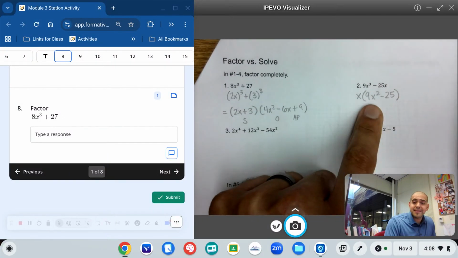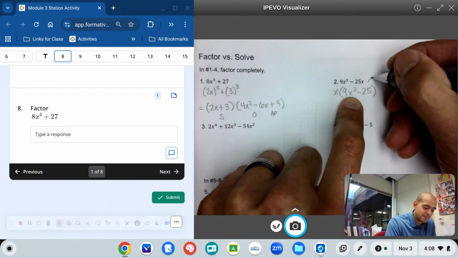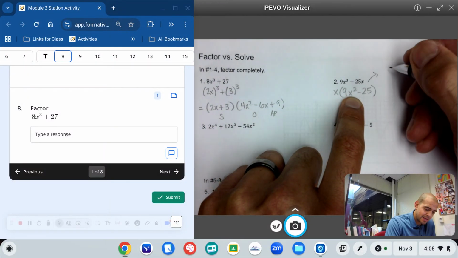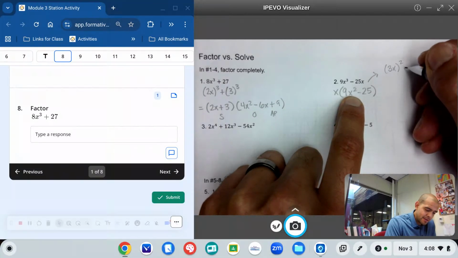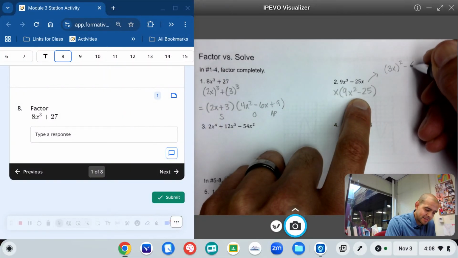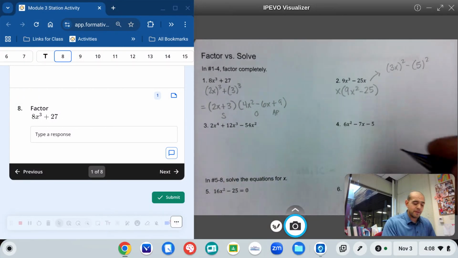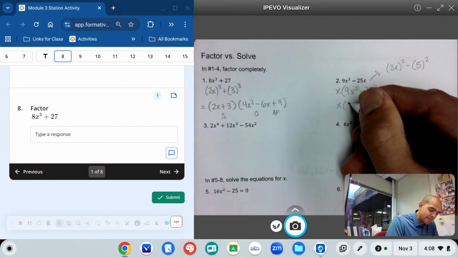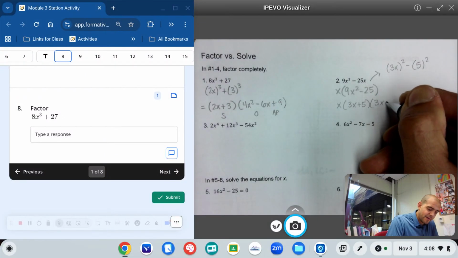Now, don't get this confused, this is not a difference of perfect cubes, this is a difference of perfect squares, because 3x to the second power is 9x squared, minus 5 to the second power is 25. So it's a difference of perfect squares, so you will take 3x plus 5 times 3x minus 5.